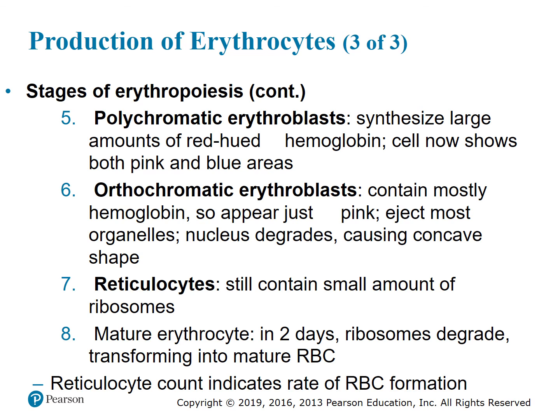Stage 5, polychromatic erythroblasts synthesize large amounts of red-hued hemoglobin. The cell now shows both pink and blue areas.